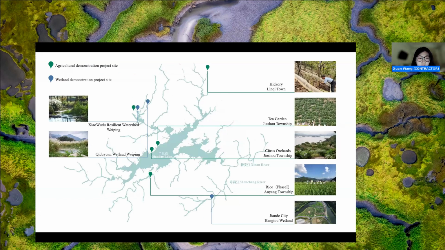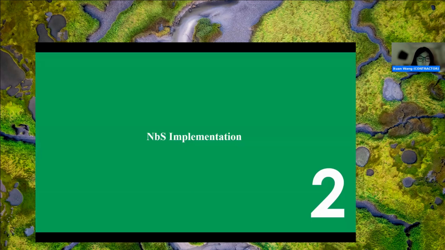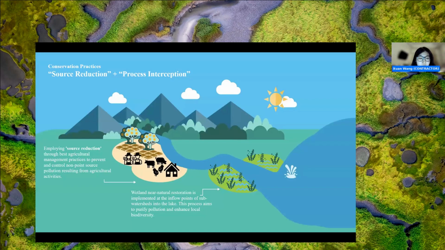Currently we have 5 agricultural sites and 3 wetland project sites within this basin. Based on the watershed analysis we did, we are implementing nature-based solutions through 2 main strategies: source reduction through best agricultural management practices to prevent and control non-point source pollution, and process interception to purify pollution and enhance local biodiversity by restoring wetlands.